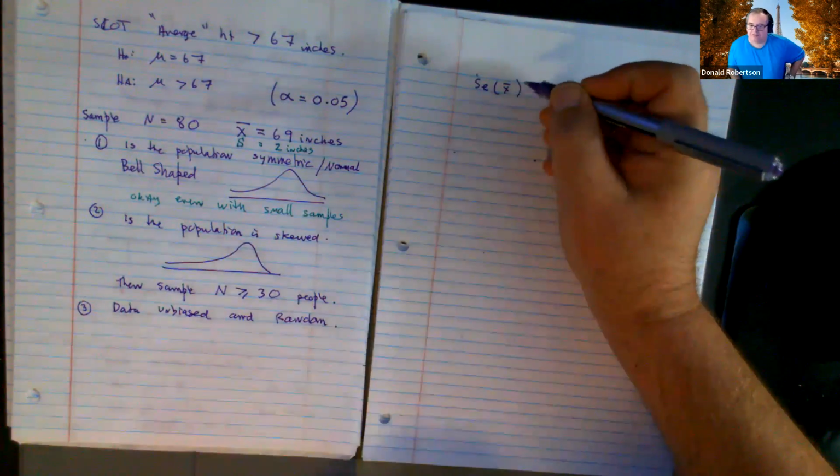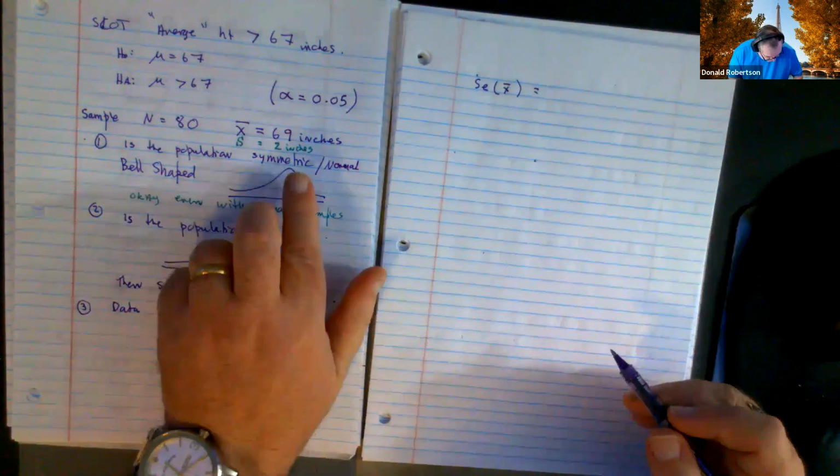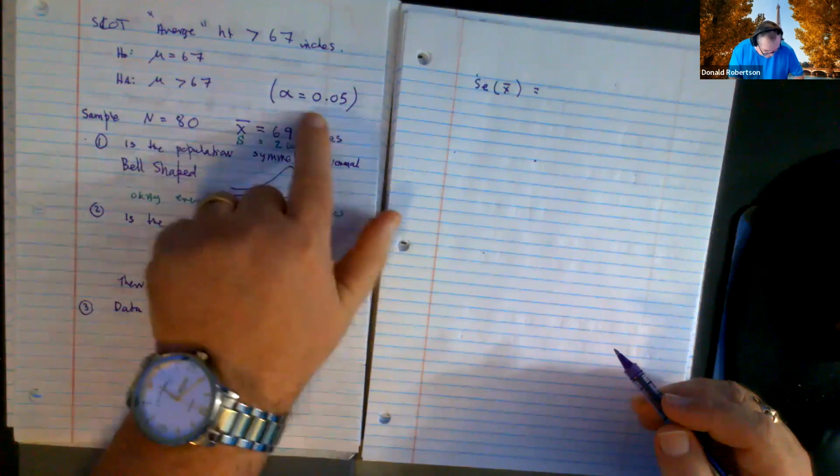You have met this guy before. You met him when you did confidence intervals. Does anybody remember what the formula for the standard error of the mean is? And it uses some of these numbers here.